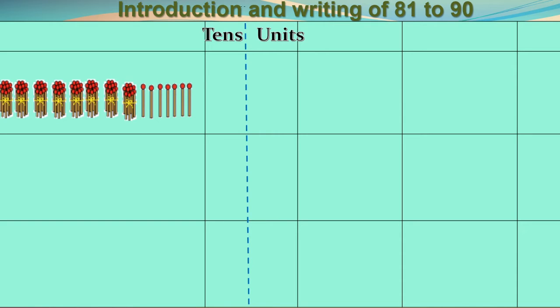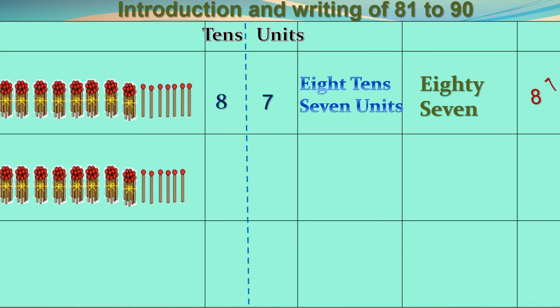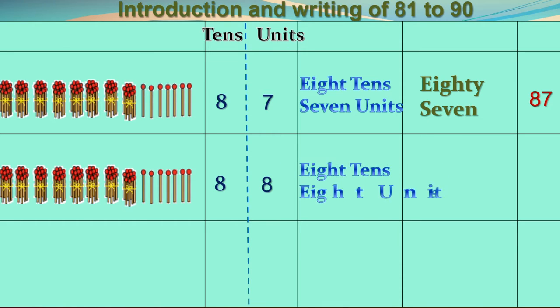That is nothing but 8 tens and 7 single sticks, 8 tens and 7 units. The number formed is 87. 80 and 7. Right? Here we can see 87 matchsticks. Let us add one more to this one. So we got 8 tens and nice 8 units. And the number formed is 88. Our number is 80 and 8.